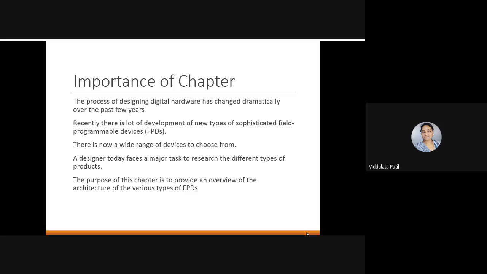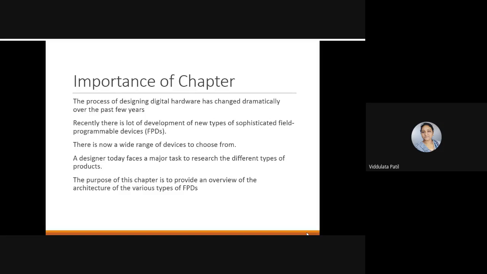Next, the importance of this chapter. As you know, the process of designing any digital hardware is changing dramatically. There have been a lot of changes in the process of designing digital hardware over the last few years, and there is a lot of development of new types of sophisticated field programmable devices, that is FPDs.